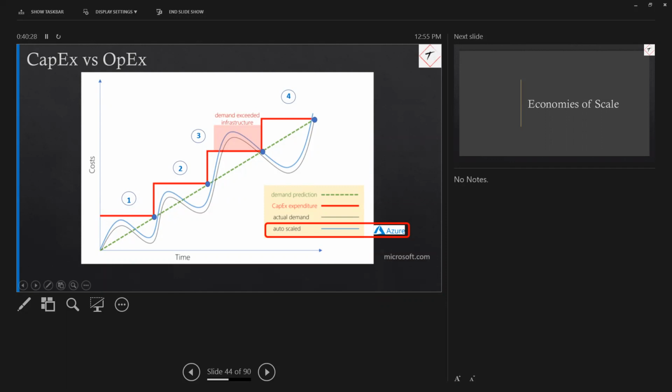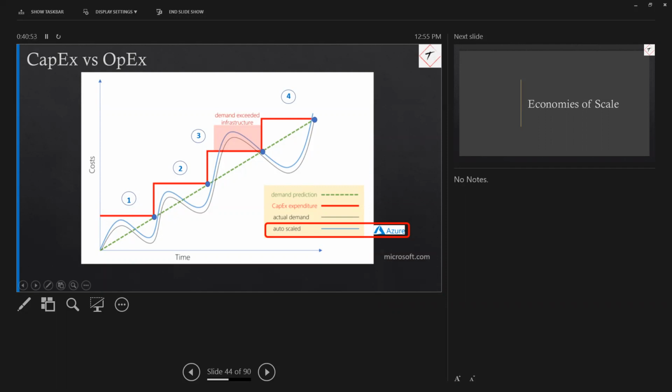So let's say you're deploying your servers or virtual machines here, and you come around this time and you see an increase in demand. So you'll have to again invest in these servers. And again, let us say your demand increases again. So again, you will say, I will invest in more virtual machines and servers.